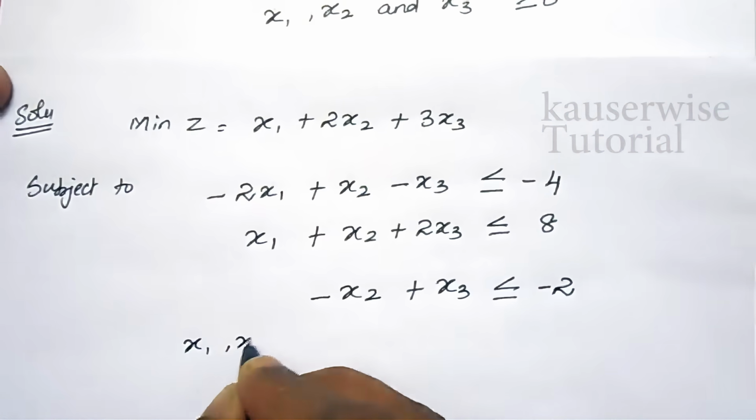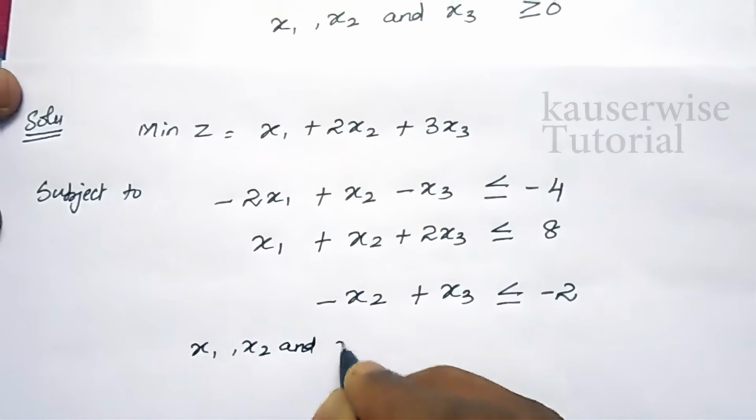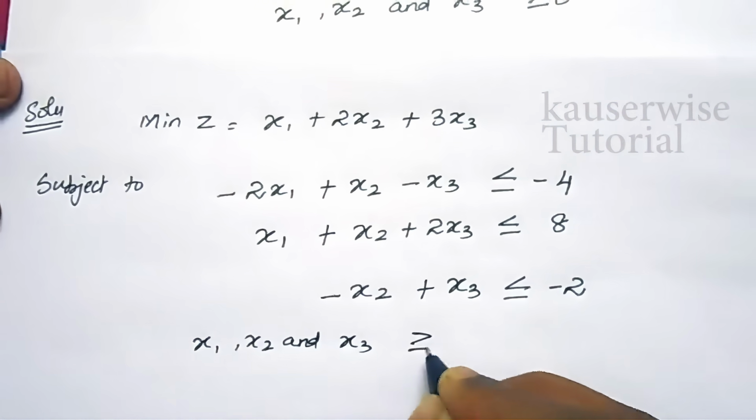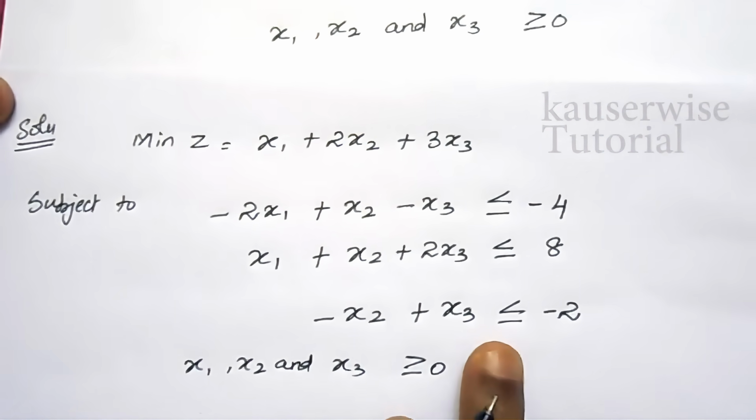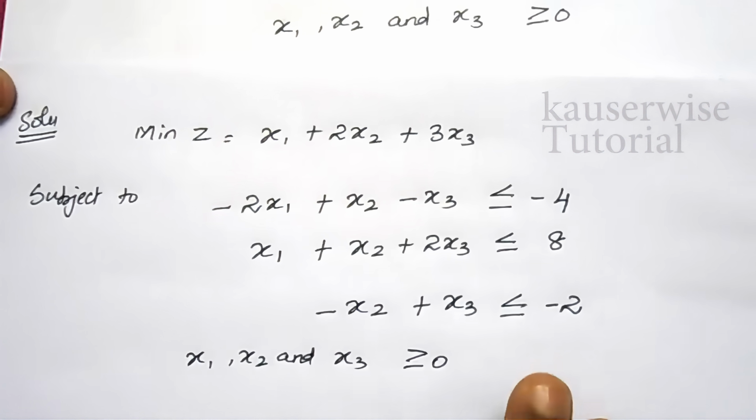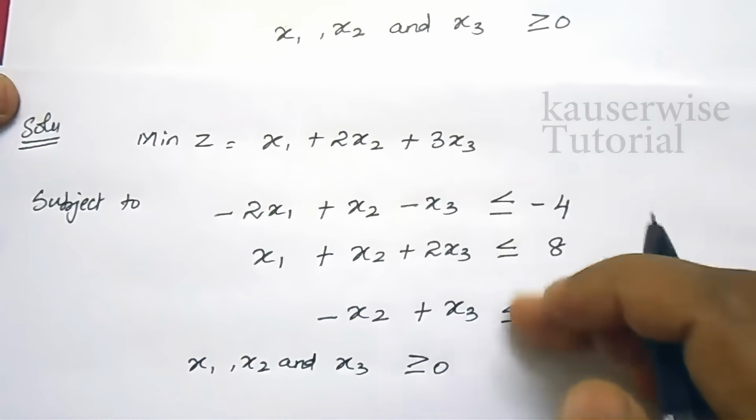So x1, x2 and x3 greater than or equal to 0. So we have converted greater than or equal to into lesser than or equal to type. The second step is now we have to add slack variables.